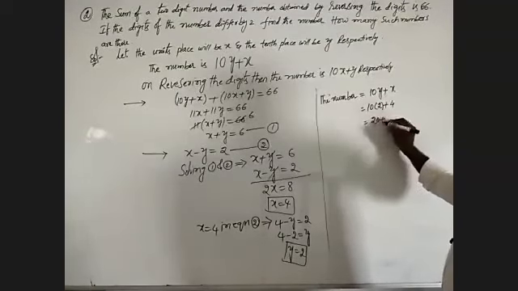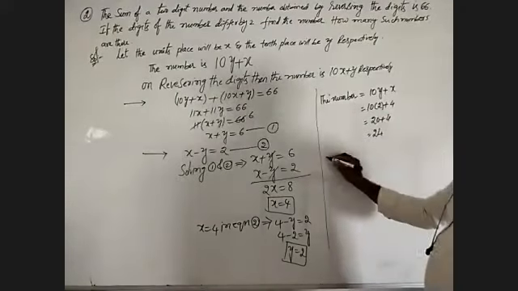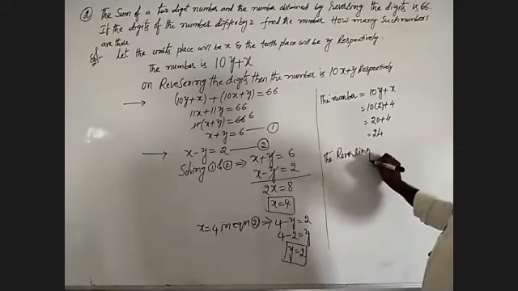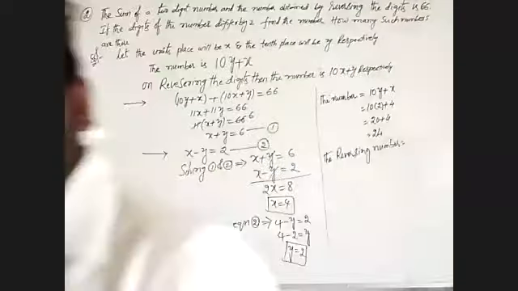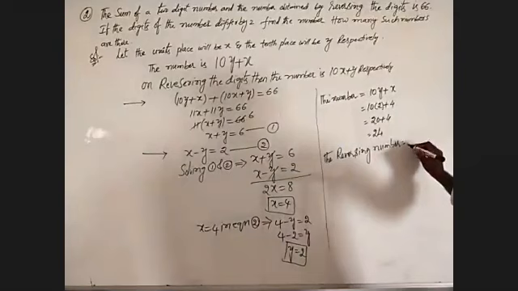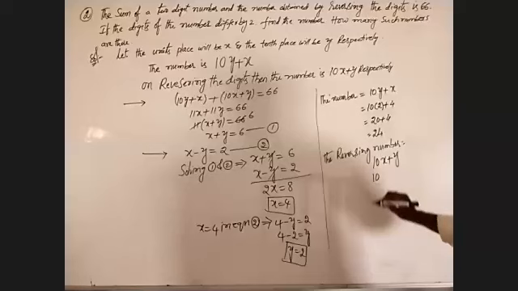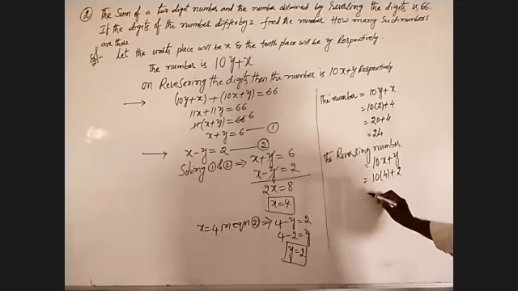That means 20 plus 4 becomes 24. Then the reversed number takes the formula 10x plus y, that is 10 into x, where x is 4, plus y, which is 2. That is equal to 10 into 4, 40, and 40 plus 2 becomes 42.